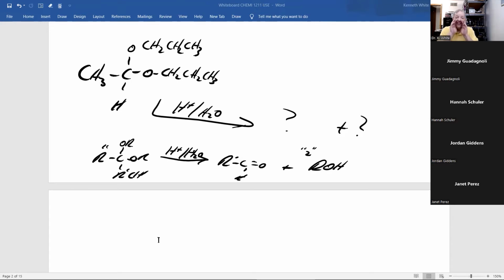By the way, this one gives the same products as the last reaction, just if you balance it, it's different. But I don't ever ask you to balance it.